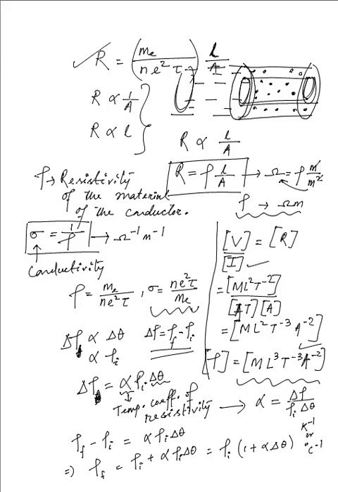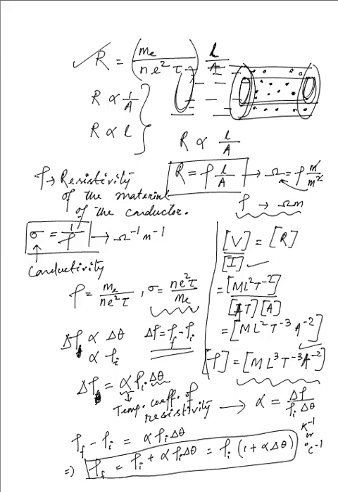Now if I multiply both sides by the length and divide both sides by the area of cross section, then what do I end up with? Consider this last equation that we obtained over here.